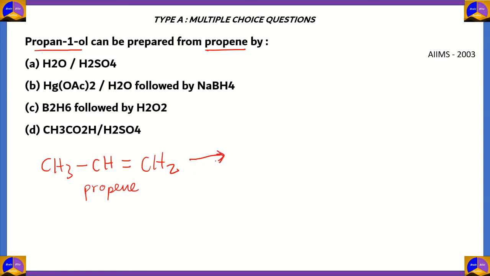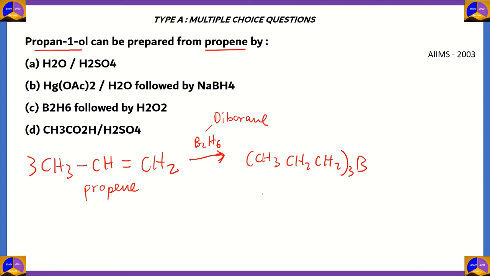Now, in the course of this chapter, you would have learned that propene, when reacting with B2H6, which is diborane, forms an intermediate which is (CH3CH2CH2)3B. So therefore you need 3 propene in order to create this intermediate.